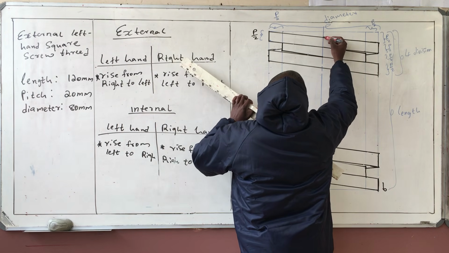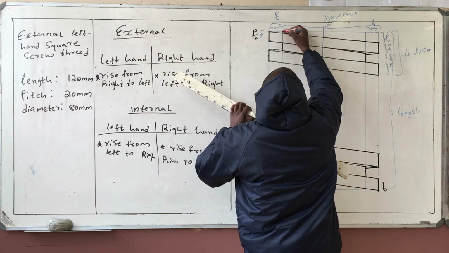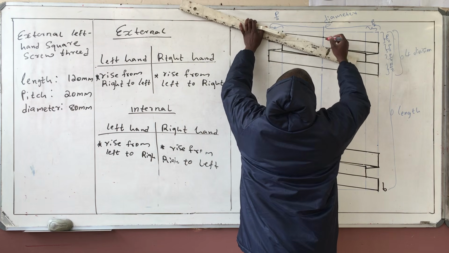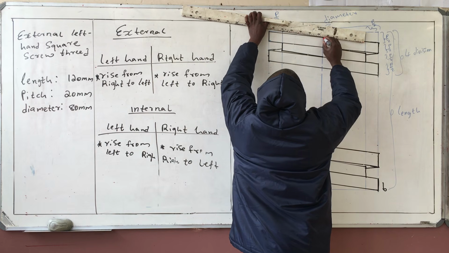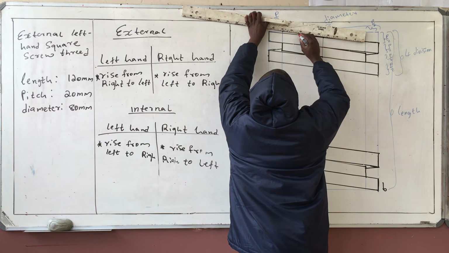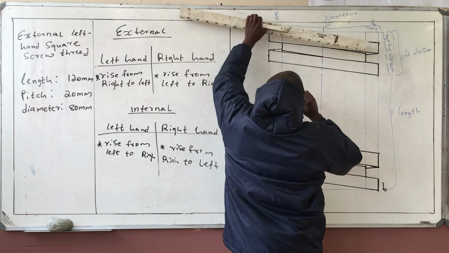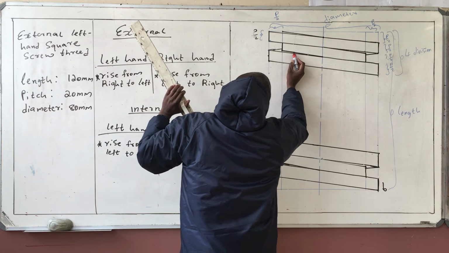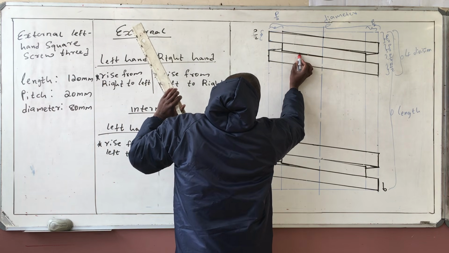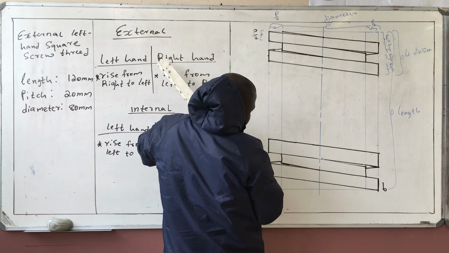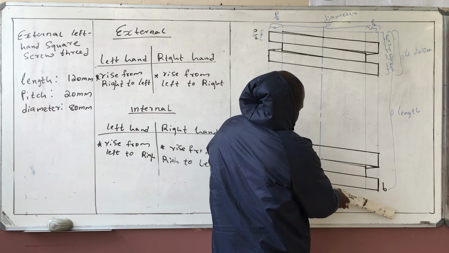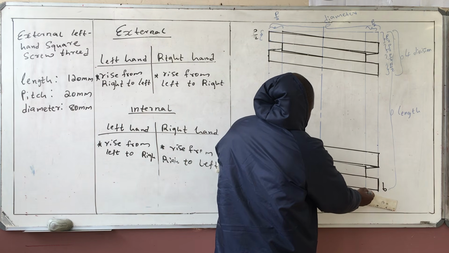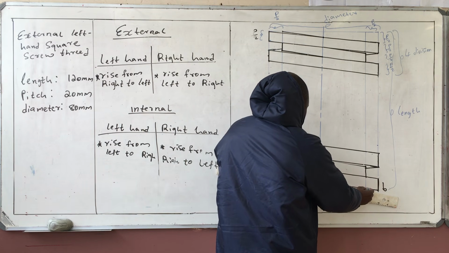From the center up until there, you draw a line. Can you see this line? It's parallel to this one. Same applies this side. You draw a line from there up until the center.